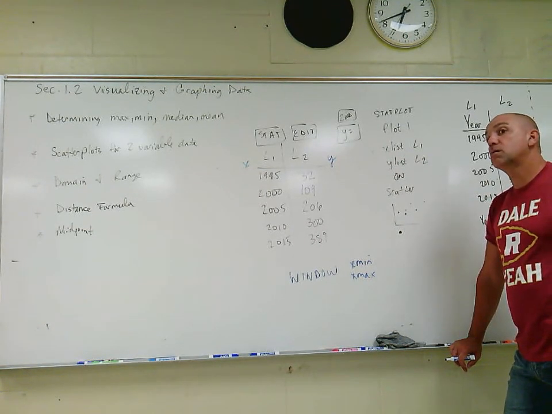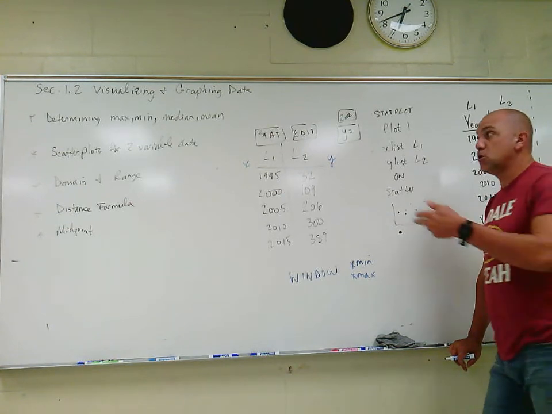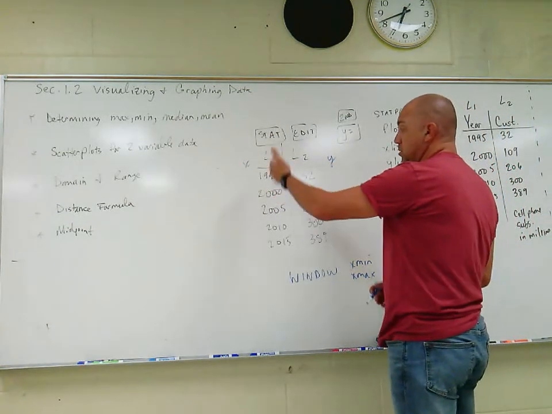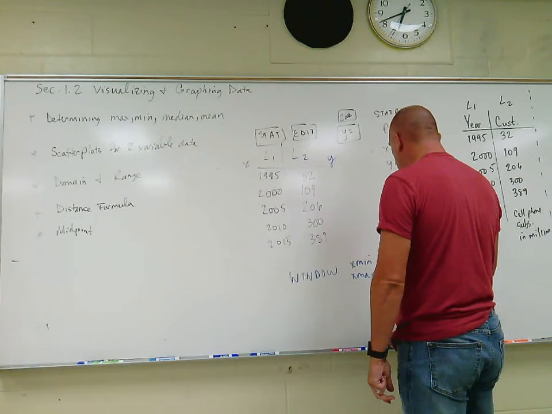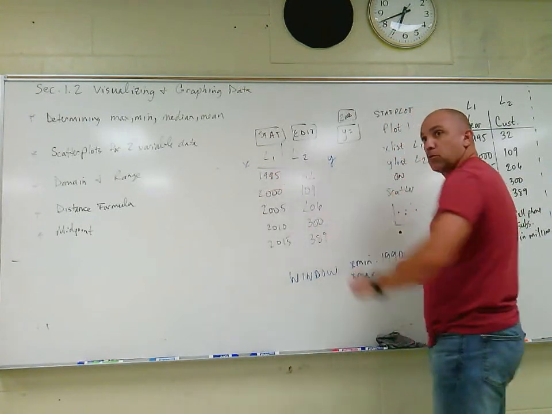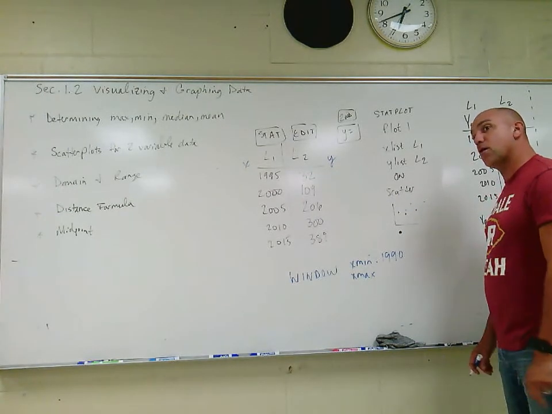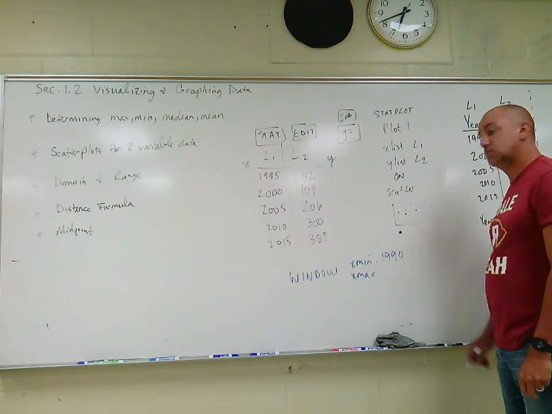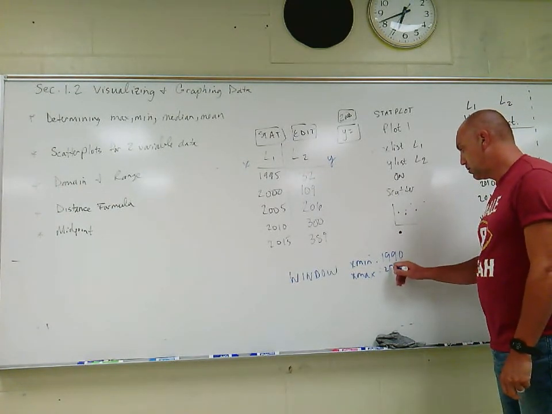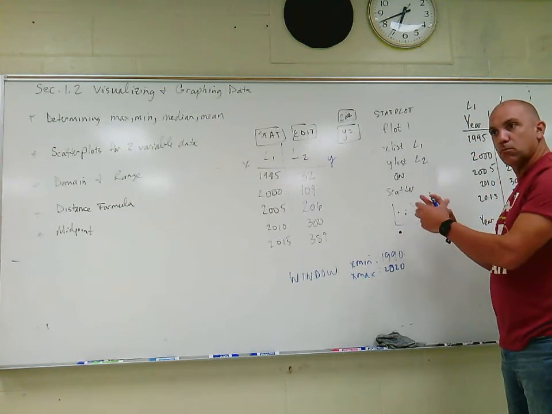Yeah, you could do 1990. I was just going to do 1900, but 1990 is fine. Just something below your lowest number. And then what might be a good max? 2020. So you're going to pick numbers that will contain everything.